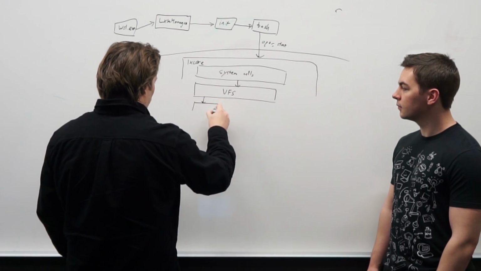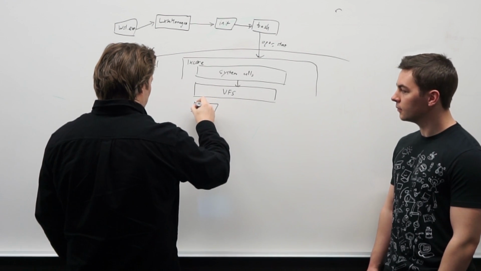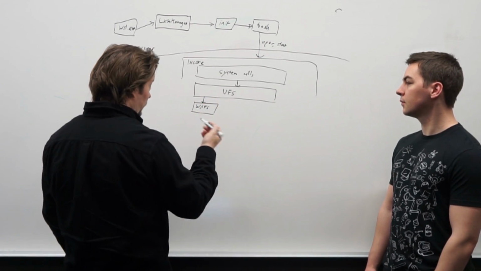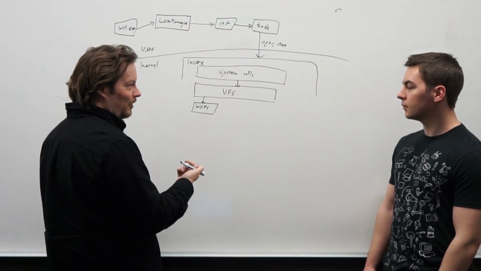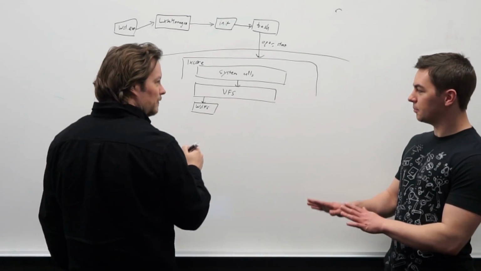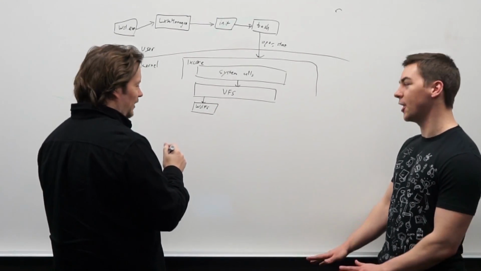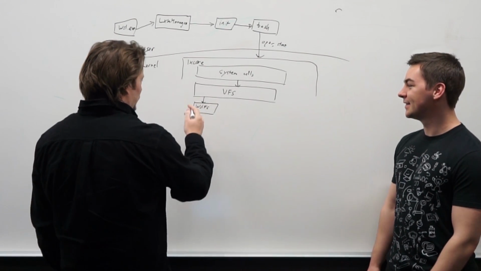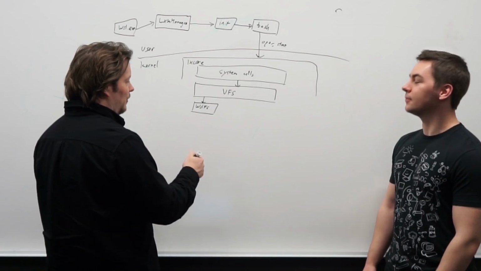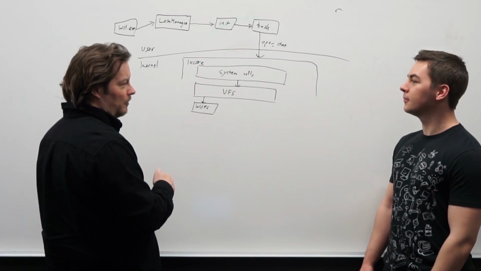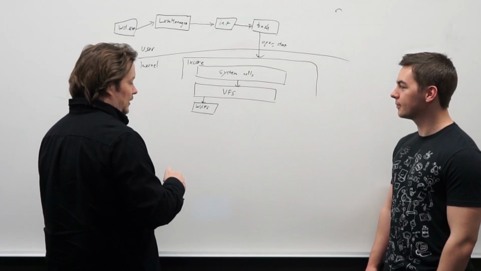Traditionally, we have WSLFS, formerly LXFS, which is the internal file system. Just to be totally clear, WSLFS stands for the Windows Subsystem for Linux file system, right? Yes. So that's your internal file system. We had LXFS before. This is a slightly updated version of that. It did the same thing.